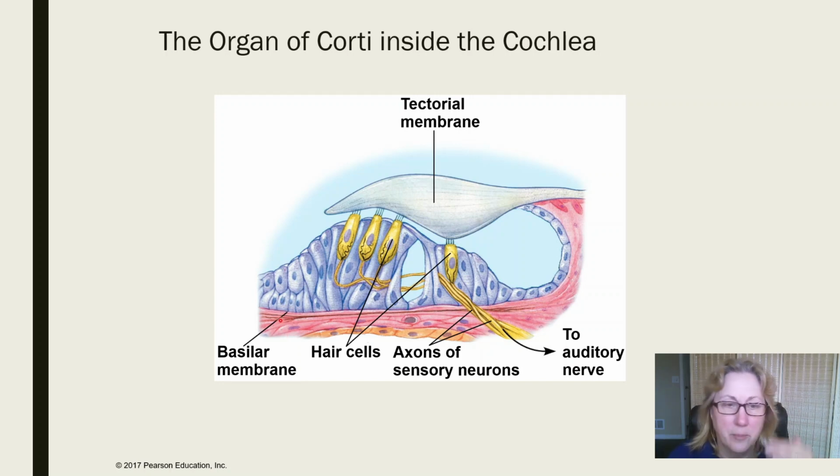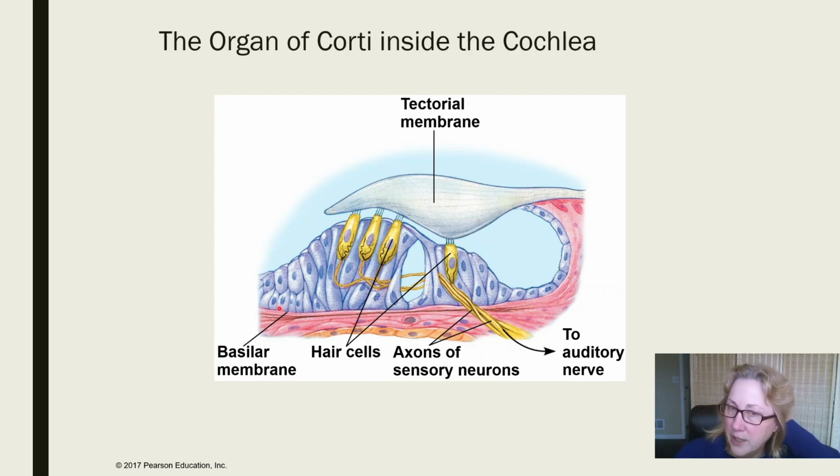The basilar membrane will vibrate, and that's going to cause the hairs, well, they say hairs, but they're actually cilia on these sensory neurons. They're going to be moved by being bumped up and down against the tectorial membrane, which is pretty stiff. And then that signal is what is going to go to the auditory nerve.